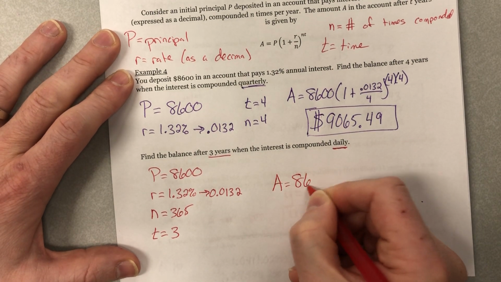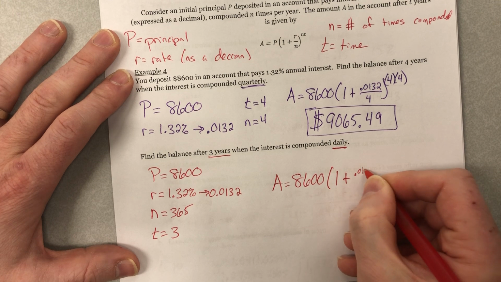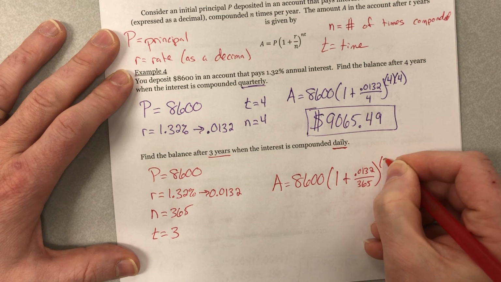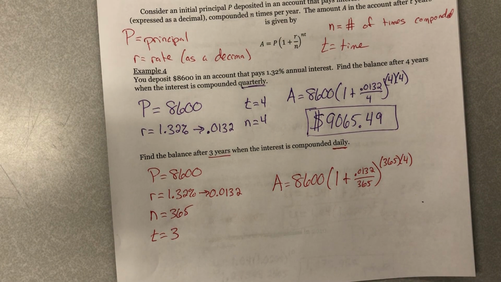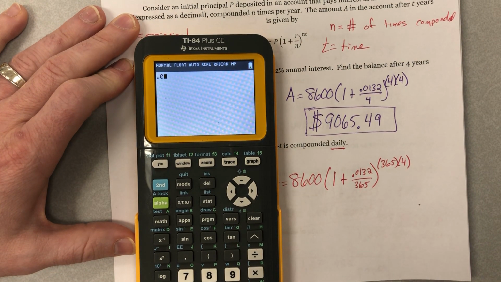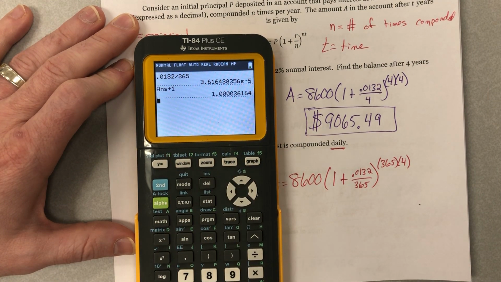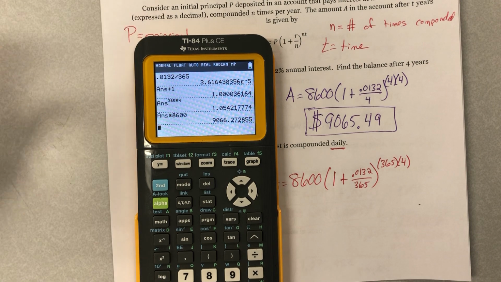So we plug in our formula. 1 plus 0.0132 over 365 to the 365 times 4. Same steps, the division first, divided by 365, plus 1. We want to raise that to the 365 times 4, and then multiply our 8,600.